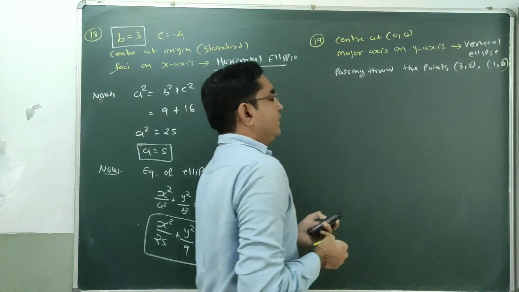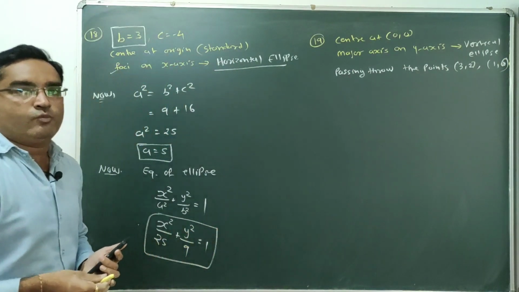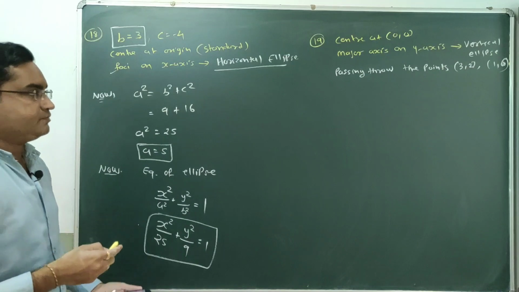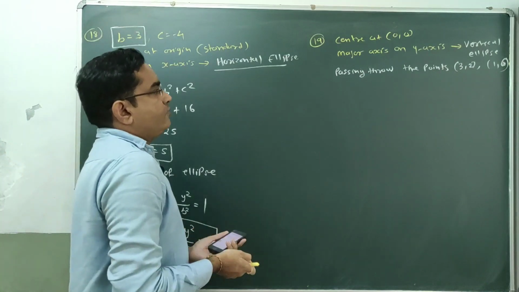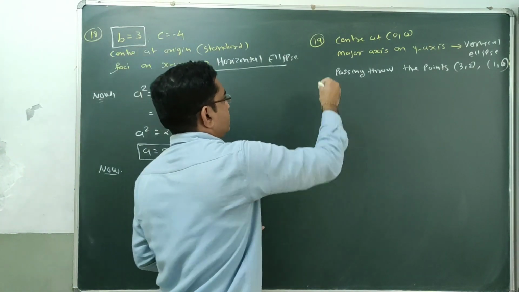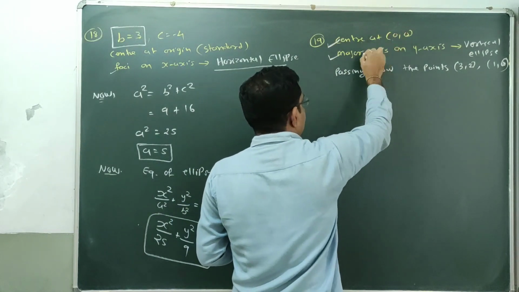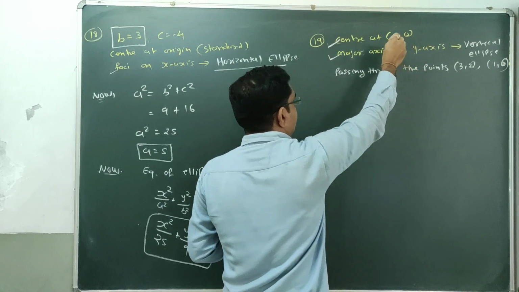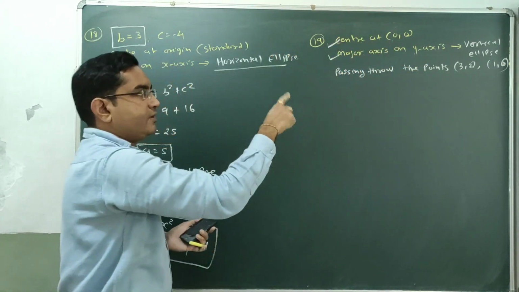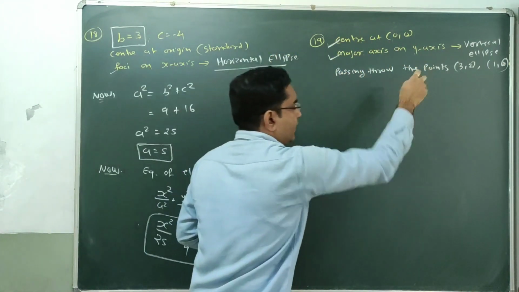We have to find the equation of the ellipse passing through these two given points. From this condition we can say it's a standard ellipse because the center is at origin and the major axis is along the y-axis. So this is the case of a standard ellipse, and that is the vertical ellipse.